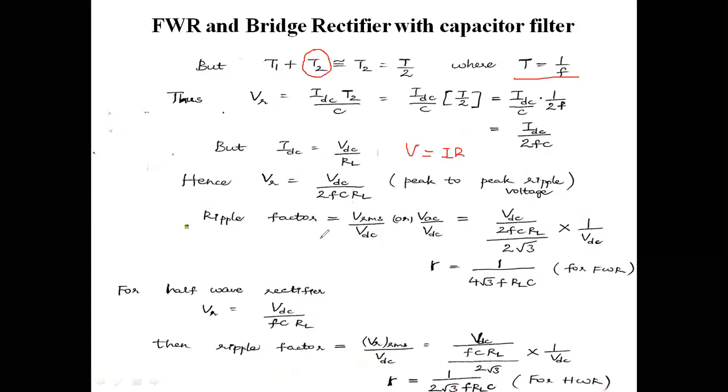Thereafter, we know the ripple factor gamma is equal to the basic formula Vrms by Vdc, or Vac by Vdc. Let this Vr be the Vrms term.